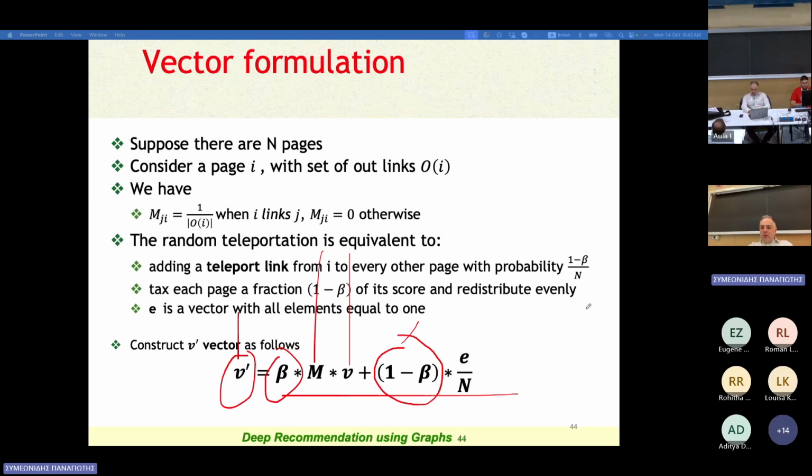And in the end we have this vector, where its components are one divided by n, which is the number of the nodes. So the random walker has an equal probability to jump to any node of the graph. Okay.